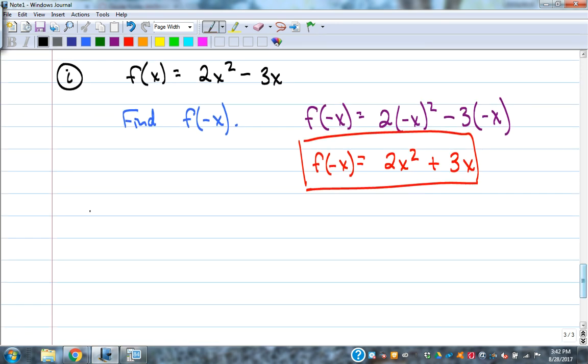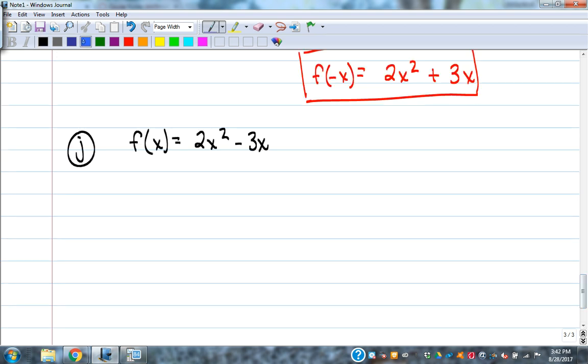Now, with function notation, they can do some kind of funny things here. One of the things they could do is give you a function, and let's just use the same one, 2x squared minus 3x. Doesn't matter what the function is. And they ask you to maybe find negative f of x. So it's not necessarily plugging something different in for x, but it's saying the negative of f of x. What does that do to everything? Well, what if it's already negative?